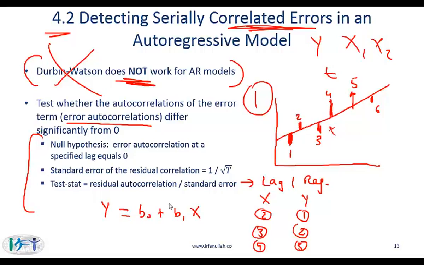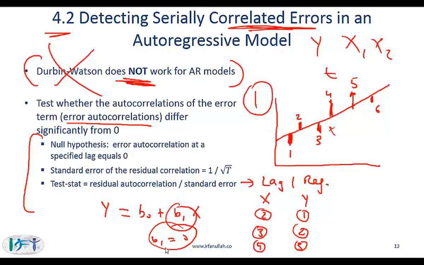Now, if based on this you get the b1, and then you look at the test stats associated with b1, and you conclude that b1 is statistically equal to 0. In other words, to be more precise, you cannot reject the null hypothesis that b1 is equal to 0. Would that be a good sign or a bad sign?